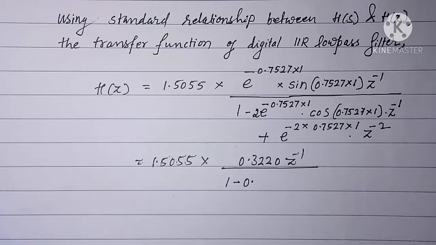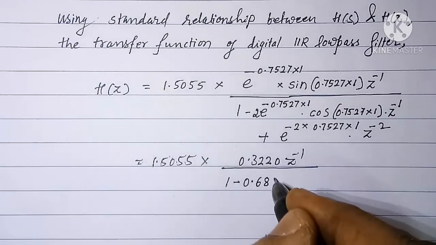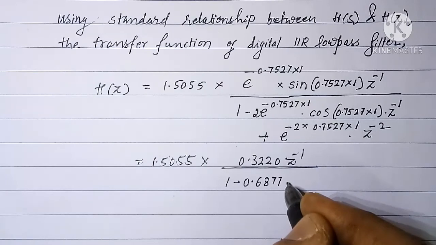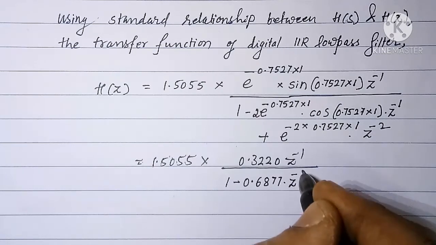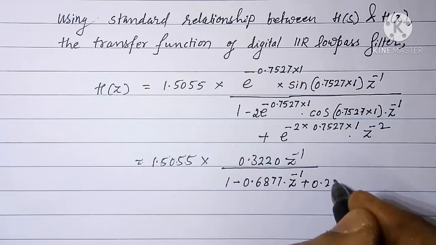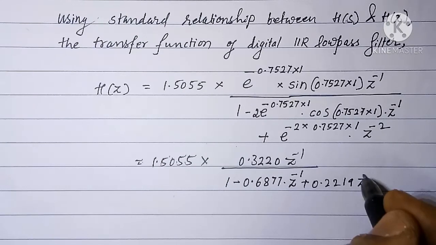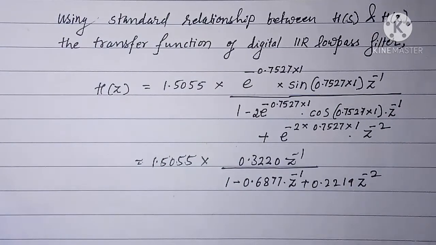And if I do that, then I would get 0.6877 into z raised to minus 1 plus 0.2219 z raised to minus 2.